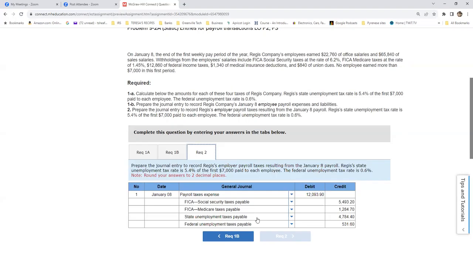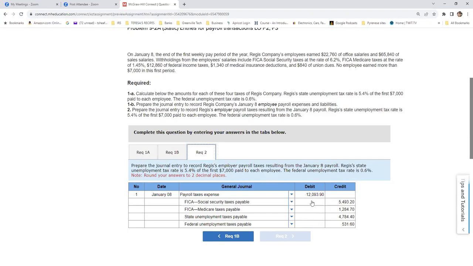Then you have your federal unemployment tax and the state unemployment tax, and you can see here the state is listed first because it's the bigger amount, I guess, and it really doesn't matter in a journal entry. The main thing is that these 2 columns balance. Here you're going to take the $88,600 and multiply it times the unemployment tax rates for federal and state.